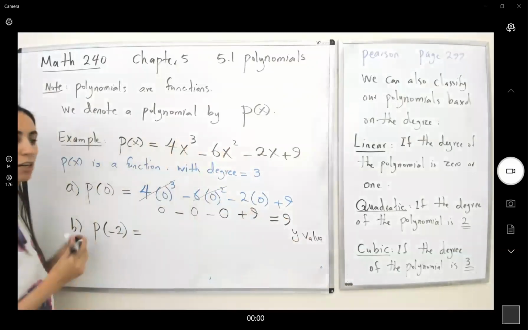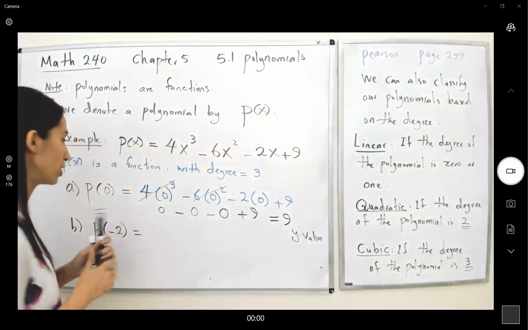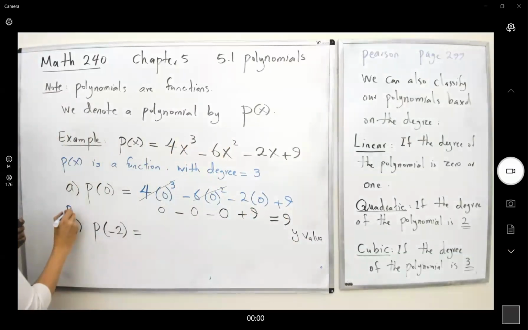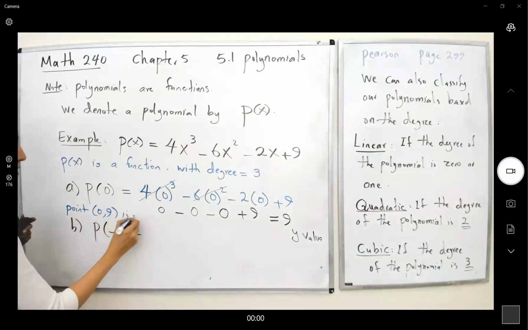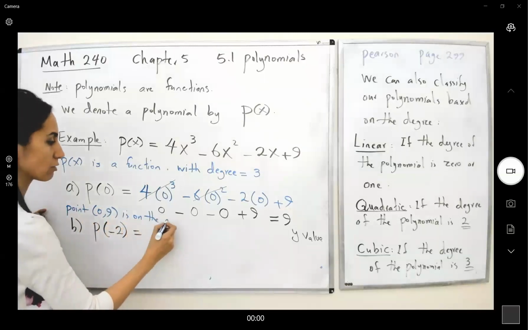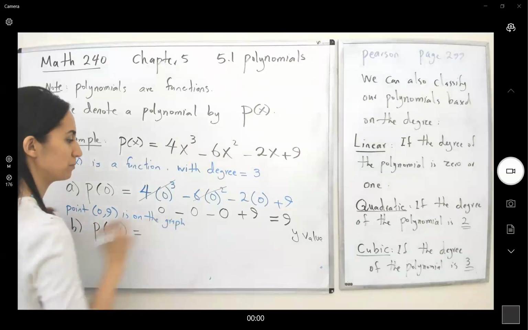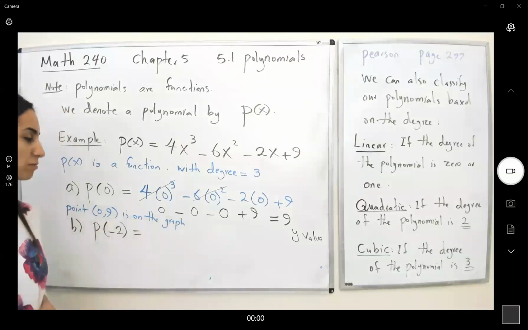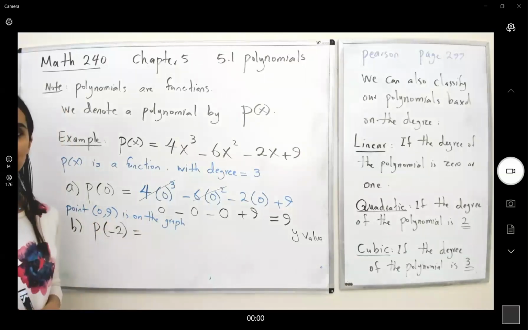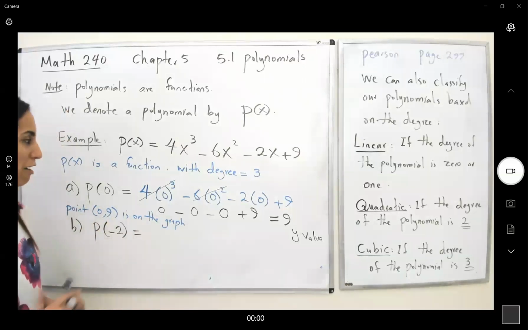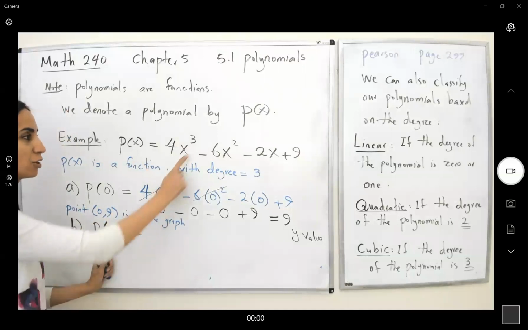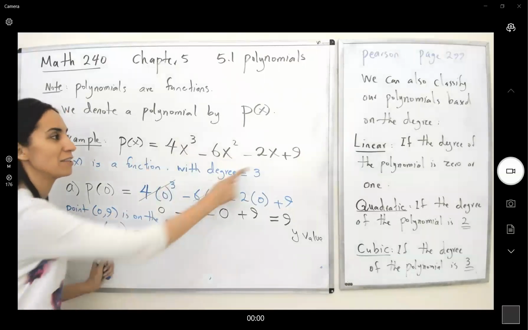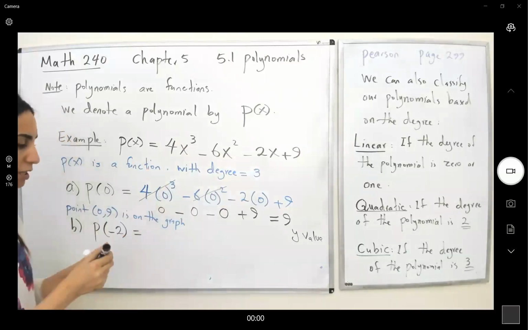So what's the meaning of this? It means that point 0 and 9 is on the graph of the function. How about the second one? Minus 2 is your x value. Wherever you see x, you plug in negative 2. Very well.